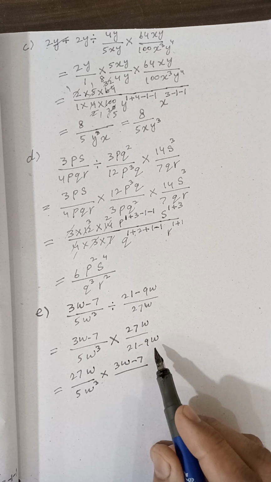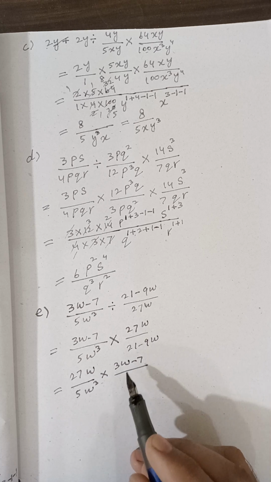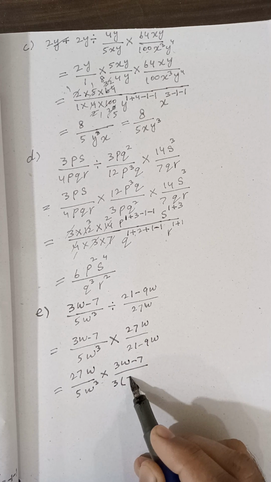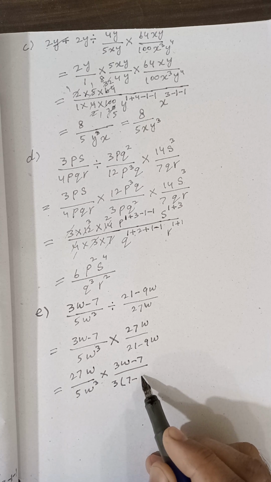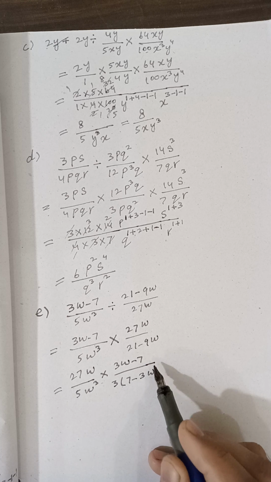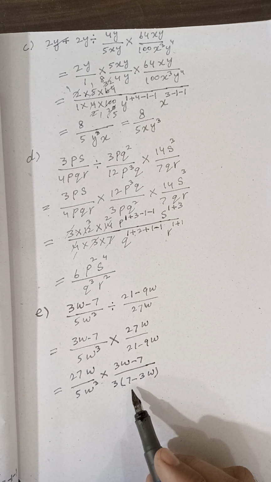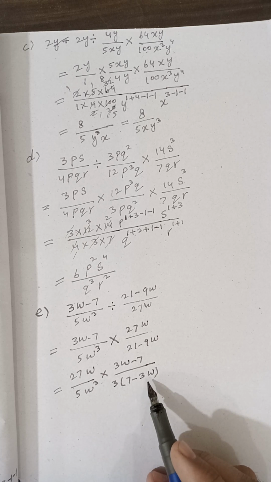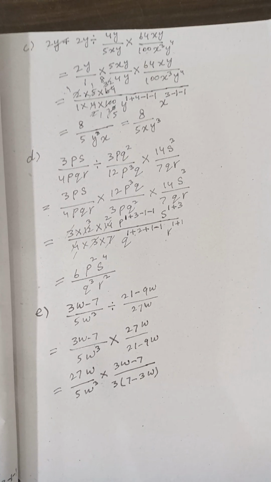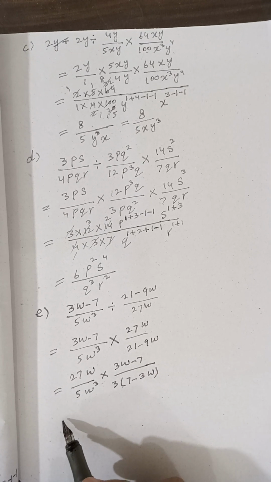Take common from here. You can take 3 as common. So 3 7s are 21, 7 here, and 3 3s are 9, 3W here. Now see here is 7 minus 3W and here is 3W minus 7. Change the arrangement so that they may be alike.